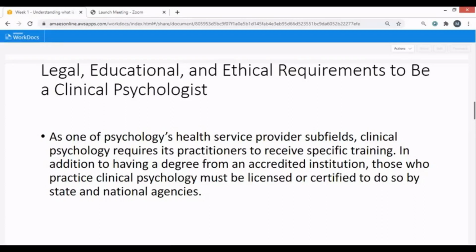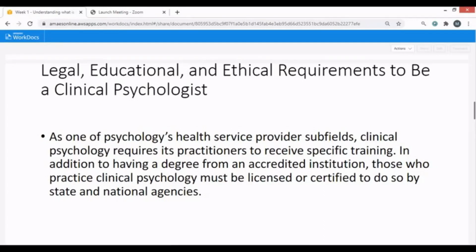In other words, clinical psychology, like medicine, pharmacy, law, and dentistry, is a legally regulated profession. Legal requirements vary not only by state, but also by levels of training. For instance, in most states, a fully licensed clinical psychologist is allowed to practice independently, to hang out a shingle.